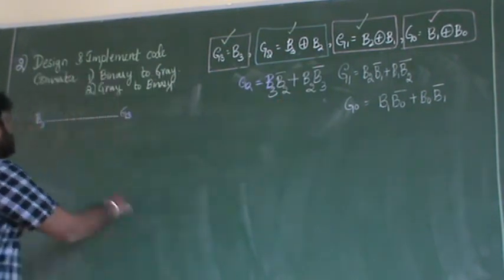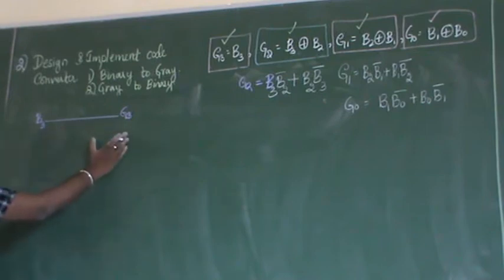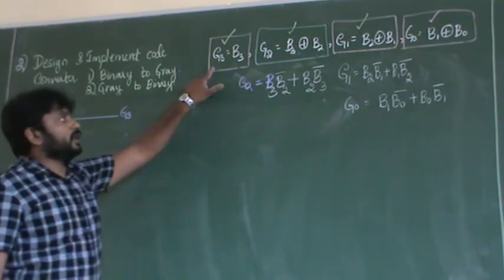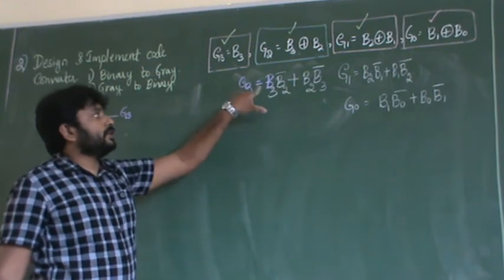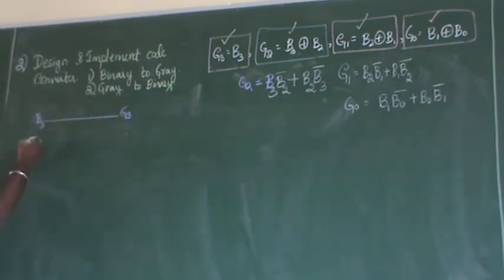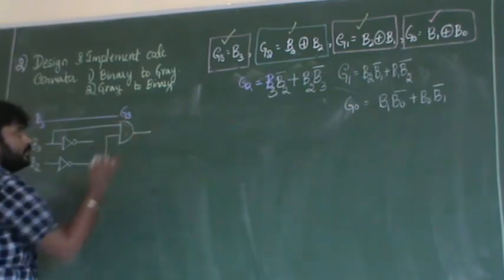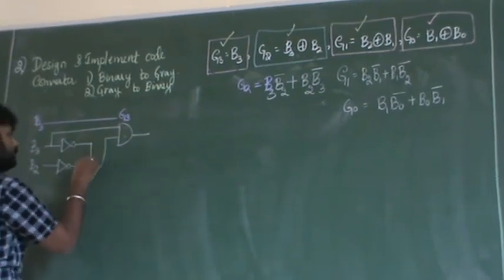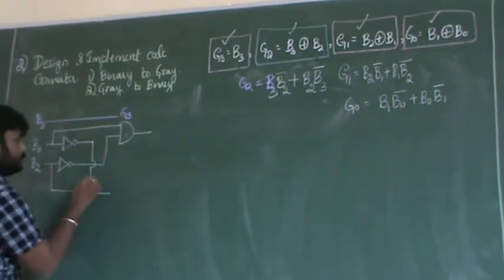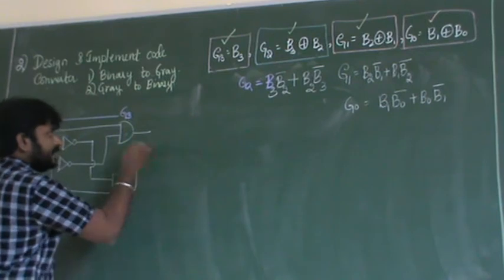So therefore I am bringing the expression from this format to this format. Okay, so towards the left side the input should be there, and towards the right side you have to get the output. So now G3 is over. I am coming to G2. What are the things you want? You want B3 and you want B2. So B3 into B2, you will get one expression, and this is another expression.